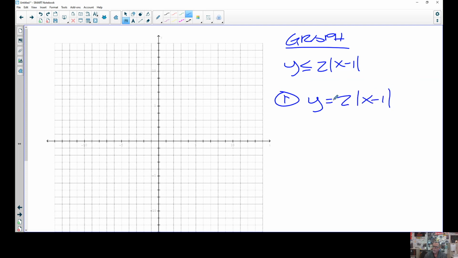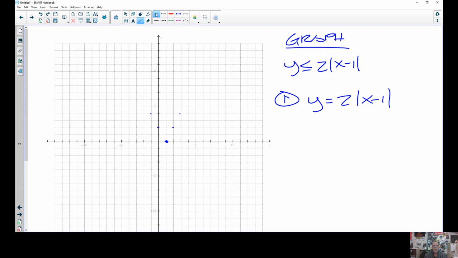What do we know about this graph? We know it's shifting right 1, and we also know that it's going to have a vertical expansion by a factor of 2, right? It's going to go up faster. So what is this going to look like? Well, it's going to move right 1, so it's going to start here. And it's going to go up by 2 each direction.